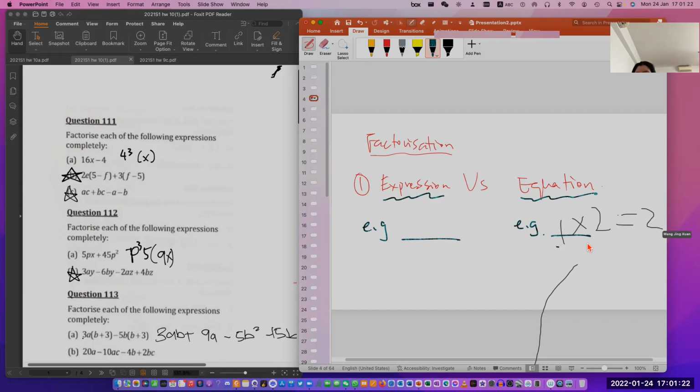So this is an equation. 1 times 2 is equal to 2 is an equation. Why? Because there is an equal sign. So you can call this an equation.